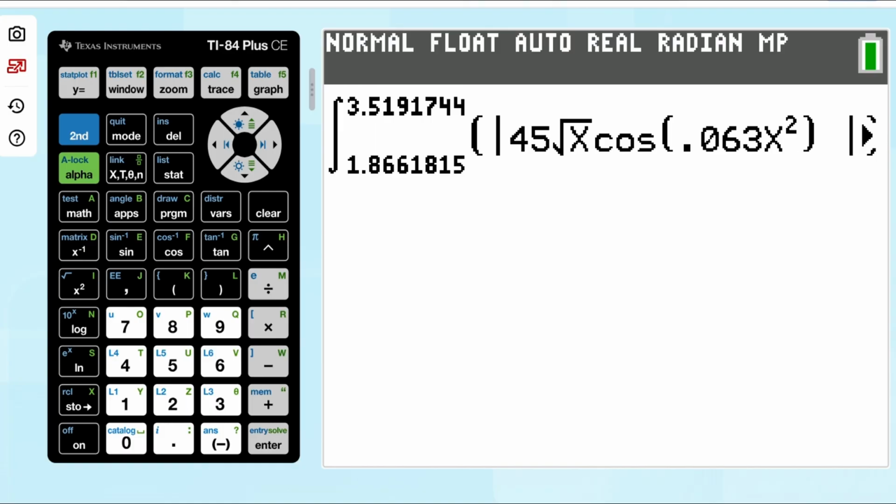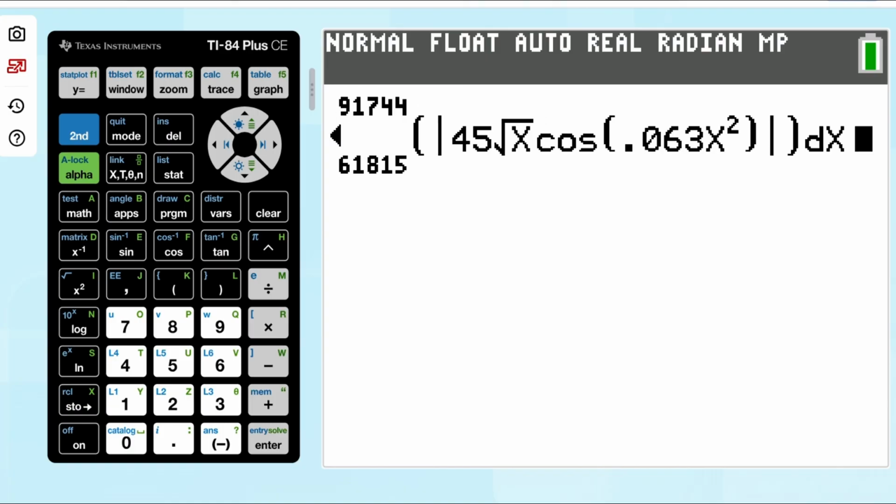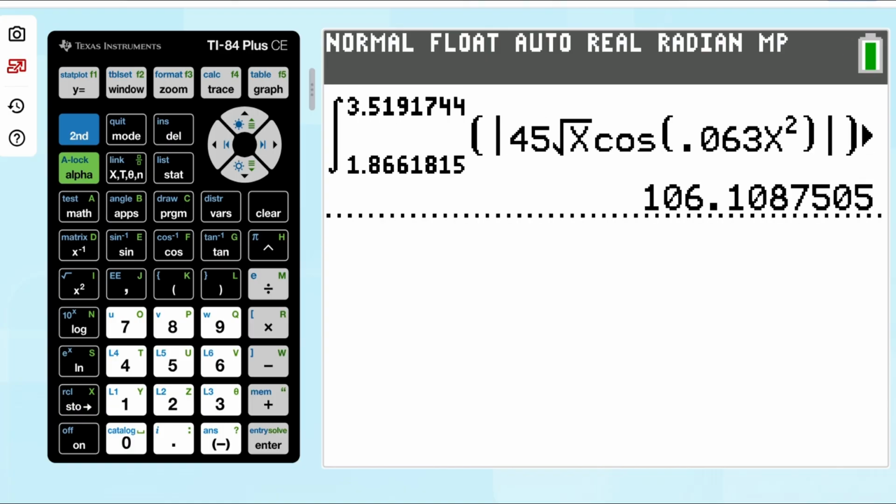We'll close our parenthesis there, and we will put a dx outside of there, and we should get our answer of 106.108754, or 106.109.